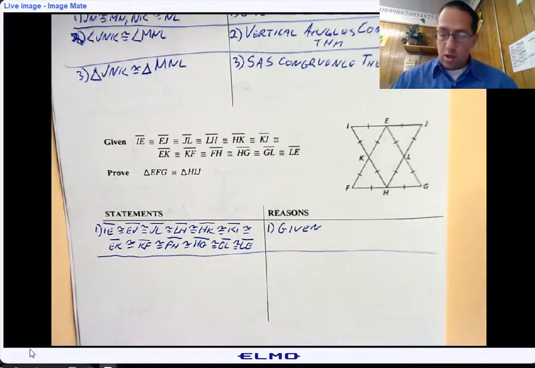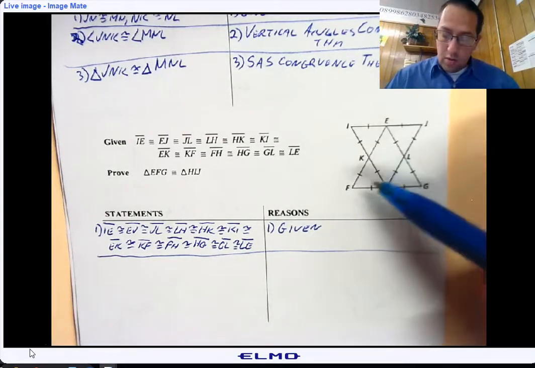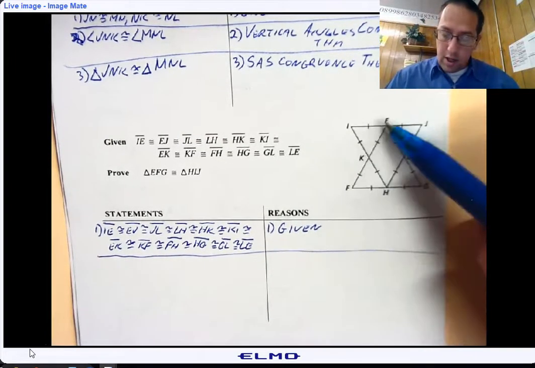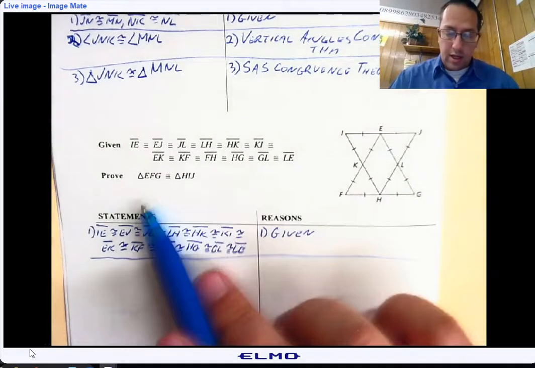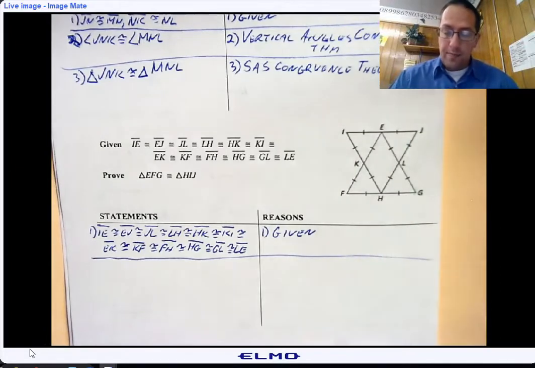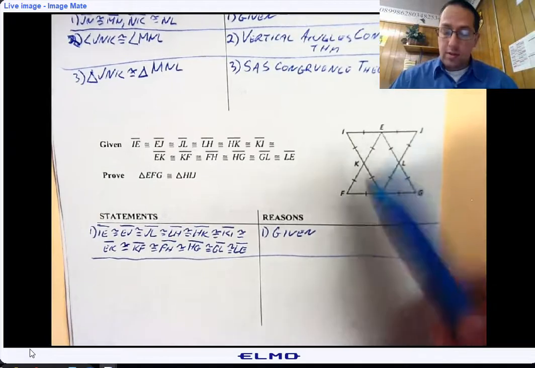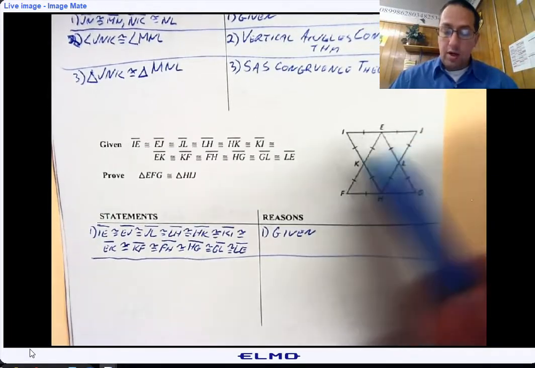All right. So let's see here. What can we do with this? Well, I don't really have EF. It hasn't said anything in here about segment EF or EG or IJ, but we can take these two segments and these two segments, and we could add them up.